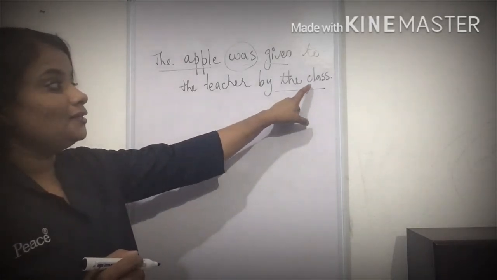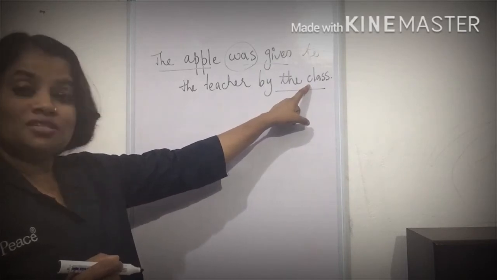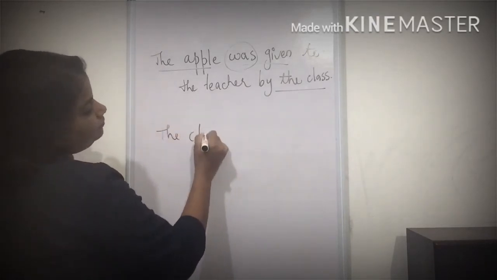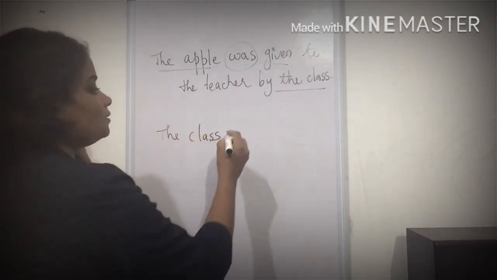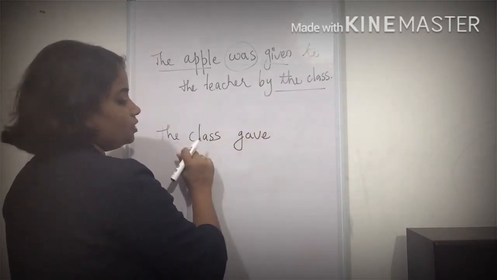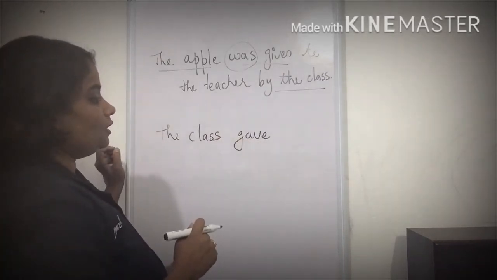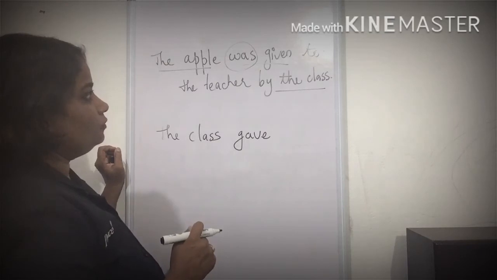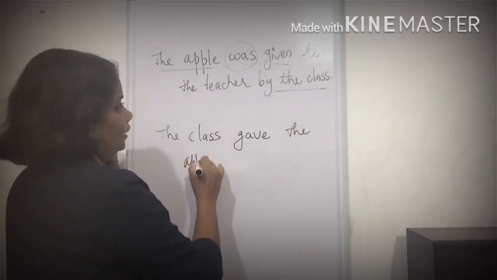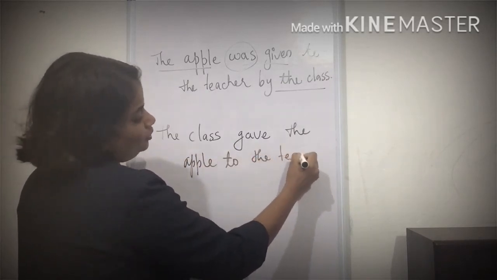So in the case of passive voice, object takes subject in the case of active voice. So the class, then what will come? Gave, verb. Subject, then verb. Then what? The class gave the apple to the teacher.